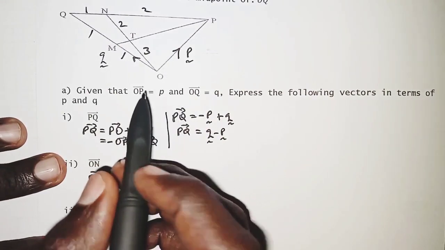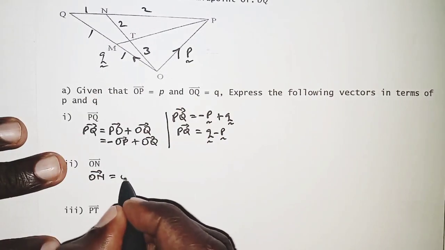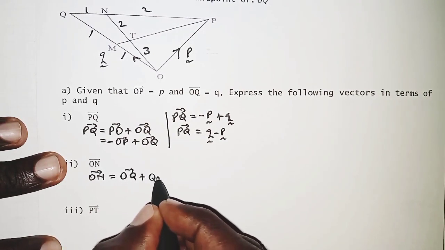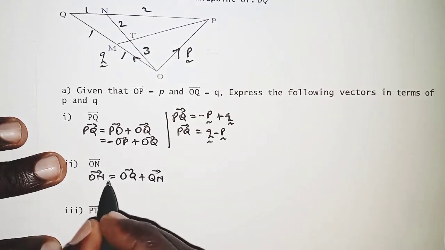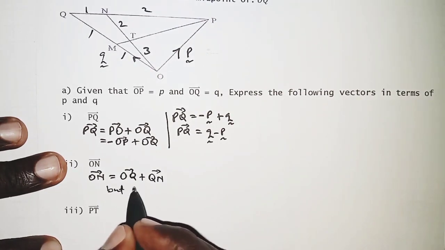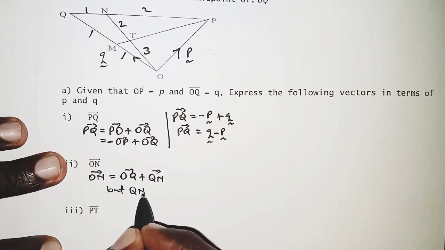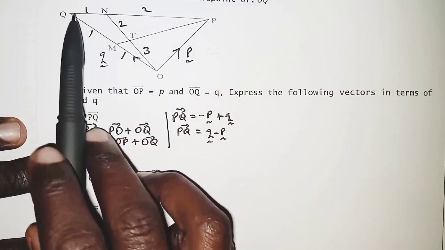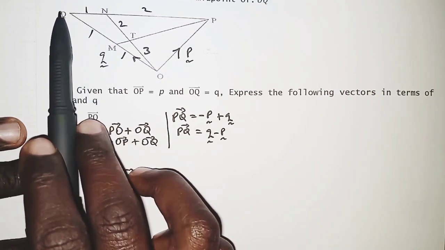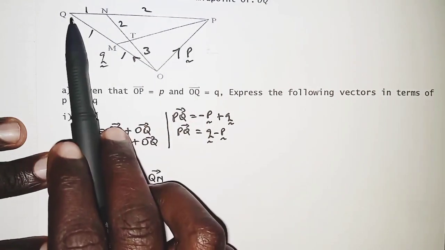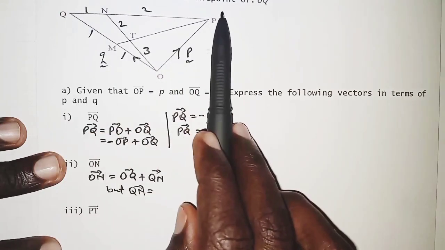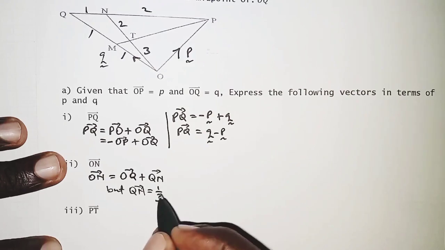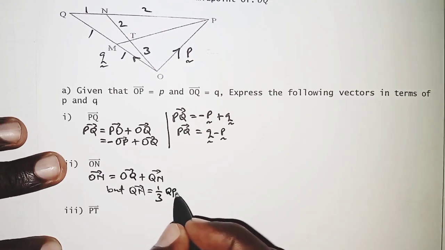So we can choose to move from OQ, then QN, but QN would be given as follows. QN, remember, is a fraction of QP, which is just 1 out of a total, which is 3. So QN is a third of QP.